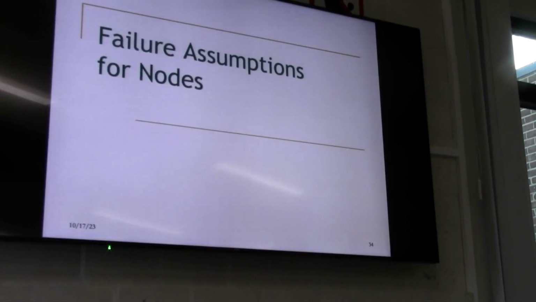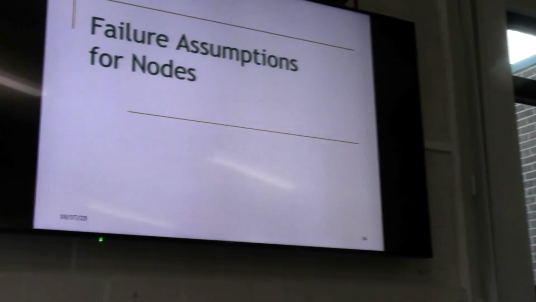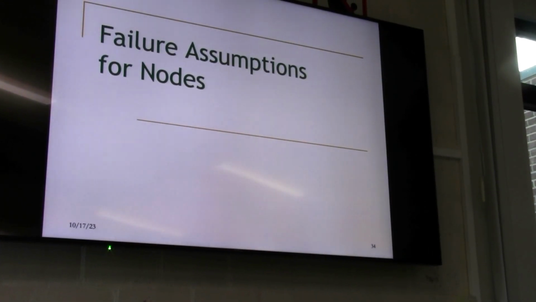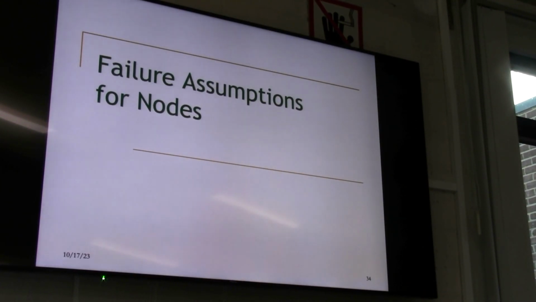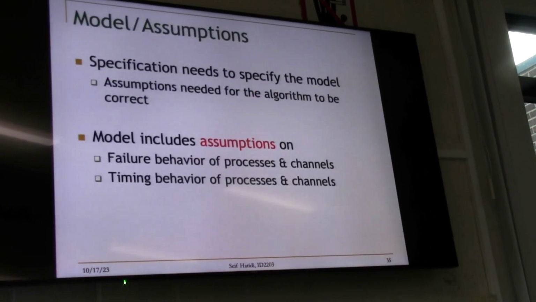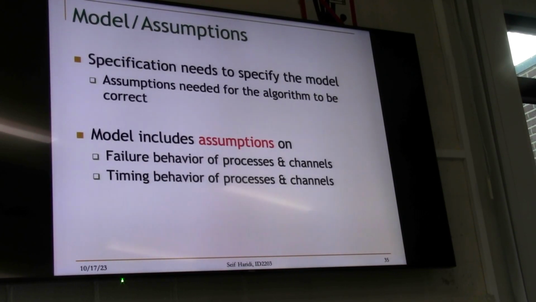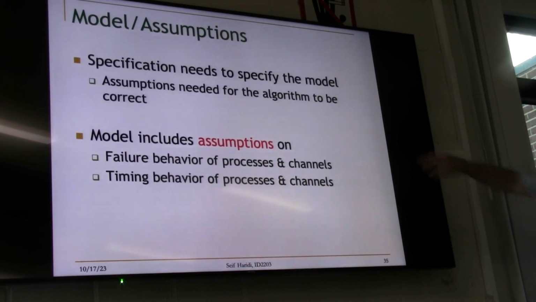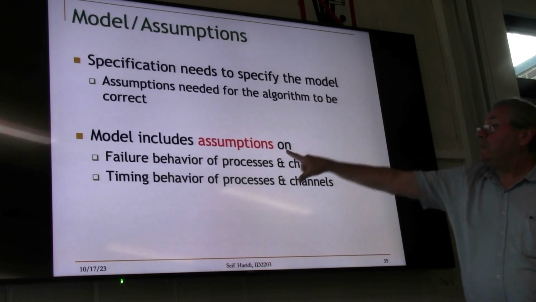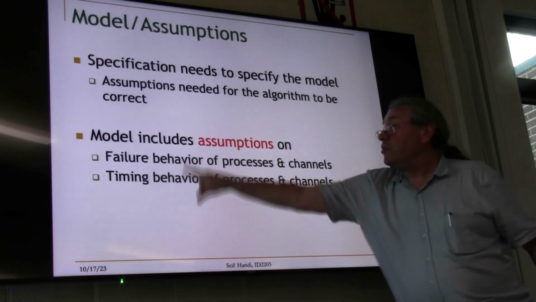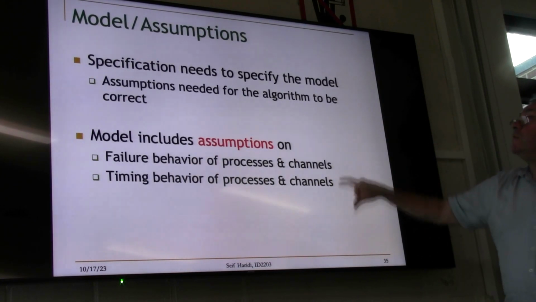Okay, so let me talk about the failure assumptions, different kinds of failure. There are many different kinds of failure, of course, because the real world is very complicated. So failure is part of the model: failure and timing, so the synchrony.